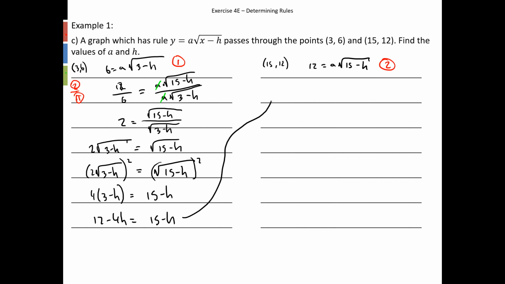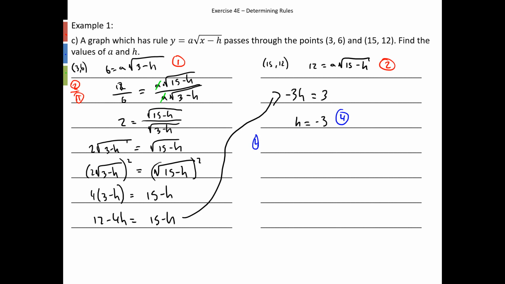Okay, and then we just continue to solve for h, so we are going to get negative 3h equals 3, so we get h equals negative 1, and let's call that 4.